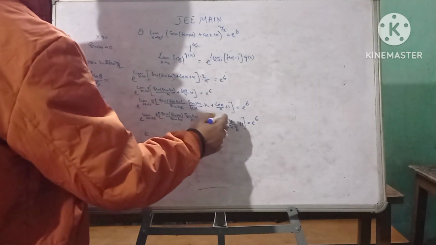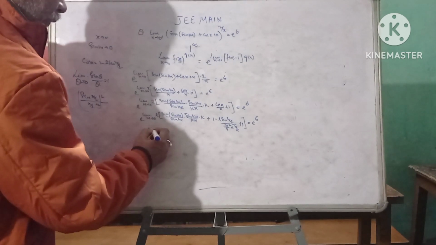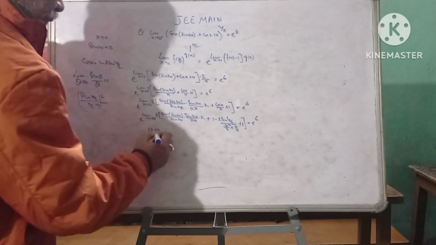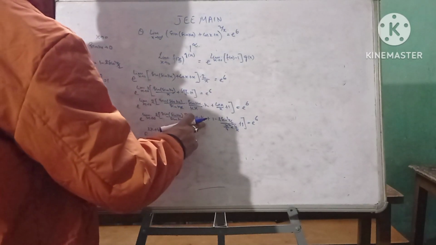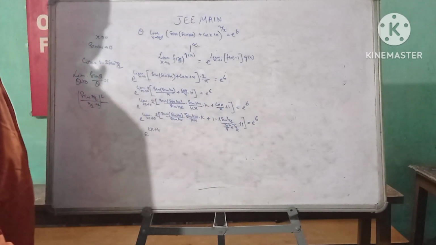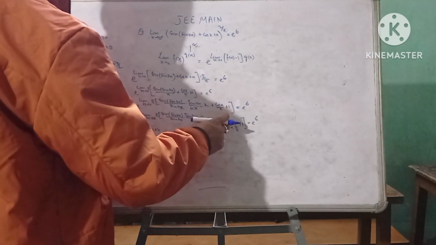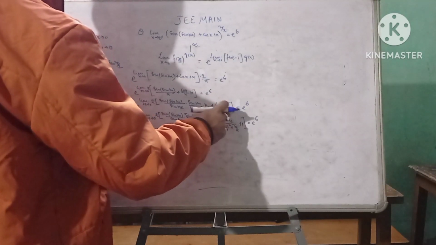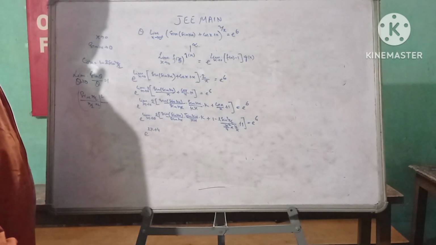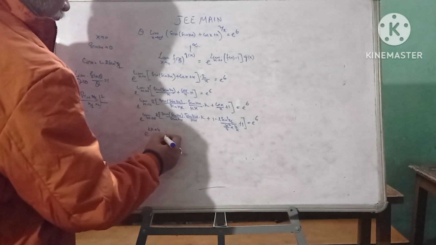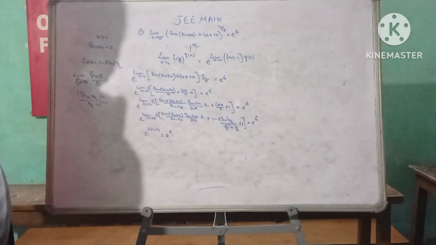This will only remain here, because x goes to the numerator when we take the limit, and this becomes 0. So 2k plus 2 is equal to e to the power of 6.